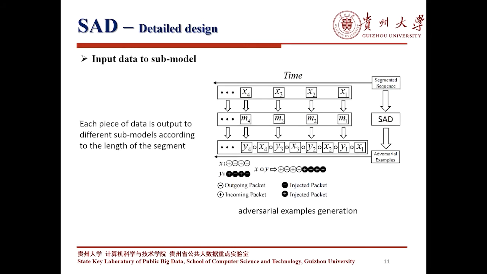Here, we describe how to process this segmented data in SAD. The overall model of SAD contains several submodels. We input the segmented data X from front to back into different submodels M according to the length, and the output of these submodels is the adversarial examples Y of this traffic.